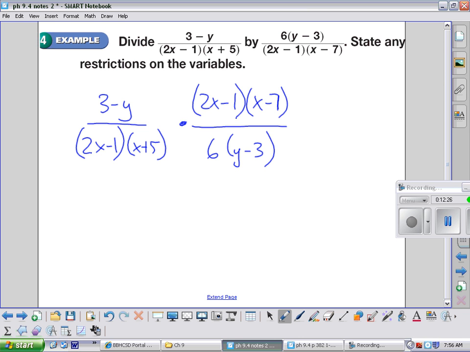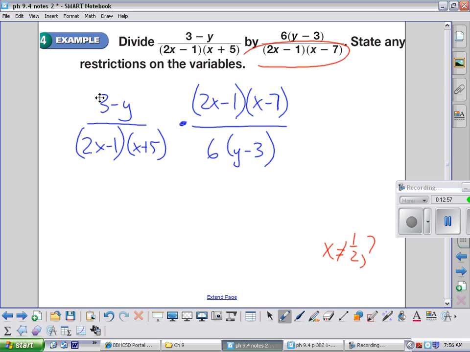Okay, now, before I go any further, I'm going to go ahead and start stating some restrictions here so I don't forget them. Even though this is going to get flipped to the top, I have to say x can't be 1/2 and x can't be 7 right away. Okay? All right? Because at some point right there, it would mess up my denominator, so I have to include that.